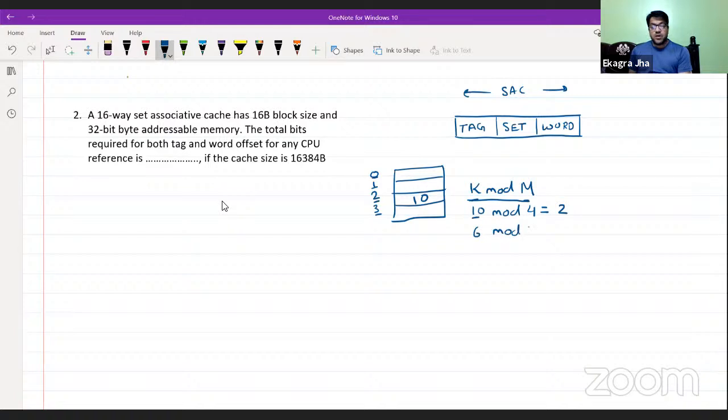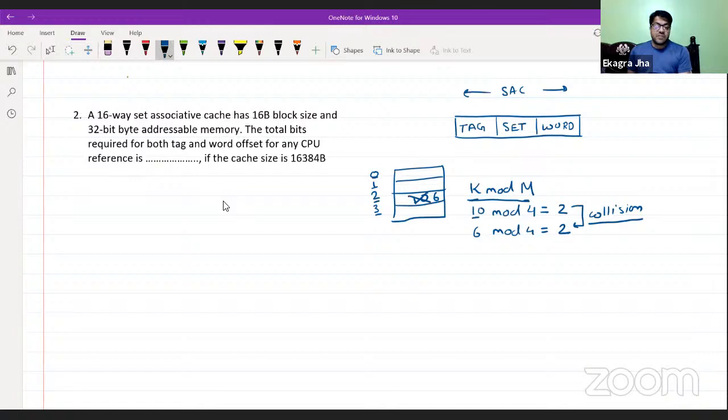Then 6 mod 4 again becomes 2. So this is going to be a collision. When multiple data try to occupy the same cache block, it is going to be a collision just like hashing. So in that case, the new block, which is 6, is going to overwrite 10.